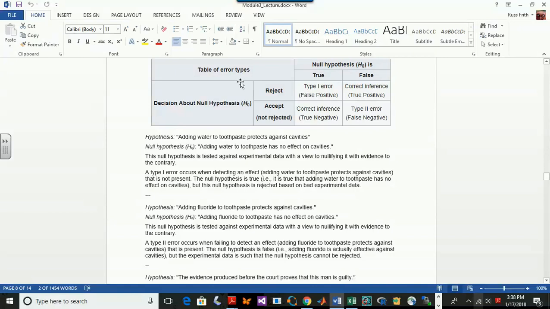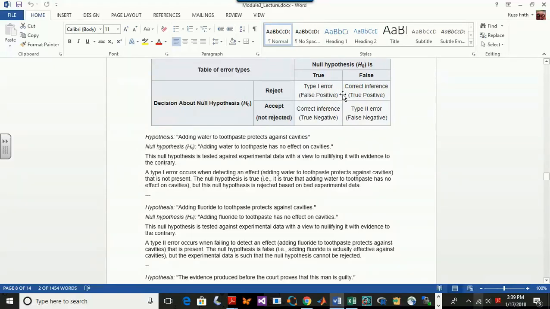When you work with hypothesis testing, you encounter what are called type 1 and type 2 errors. If you reject a null hypothesis and the null hypothesis was true, then you get what's called a type 1 error. If you reject a null hypothesis and it was in fact false, then your rejection is validated.